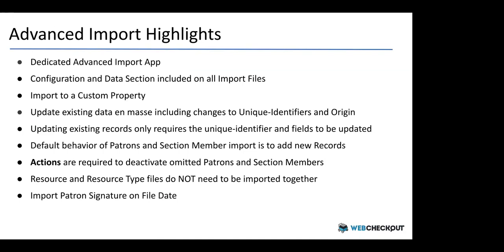Featured in version 12, Advanced Import now includes its own interface with just one screen to import all importable fields, updates to import files, which now include a configuration section and a data section, the ability to import to custom properties, the ability to update all data fields, including the record's unique identifier and origin. When updating existing records already in WebCheckout, only the record's unique identifier and just the fields being updated are required.